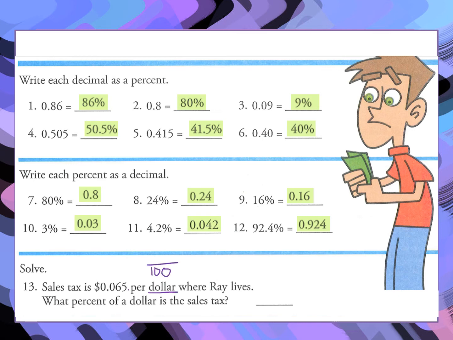And they're saying here that you have a decimal of 65 thousandths. So basically we're changing this number to a percent per dollar because that's per 100. So we just simply move the decimal point over 1, 2 spaces to the right. So that would be 6.5%. Now, our sales tax where we live is 6% sales tax.